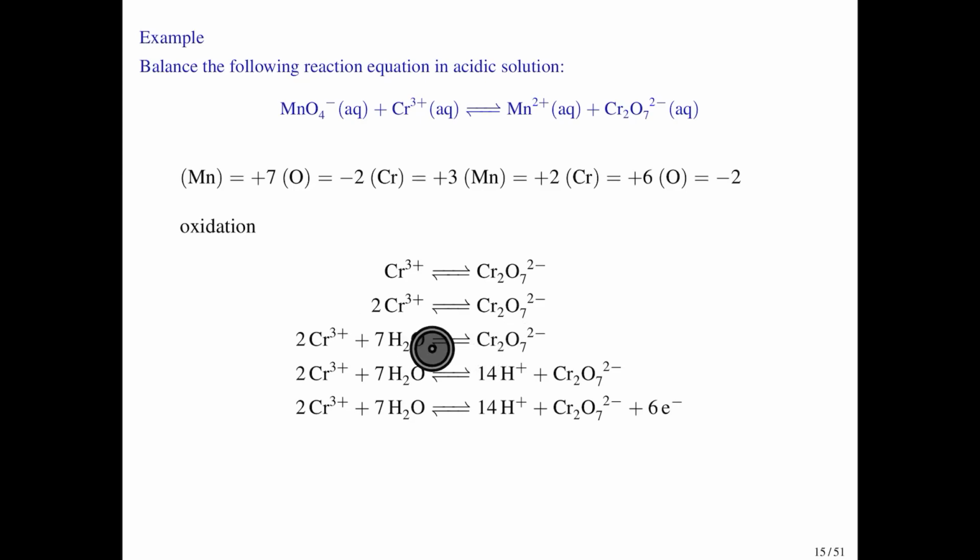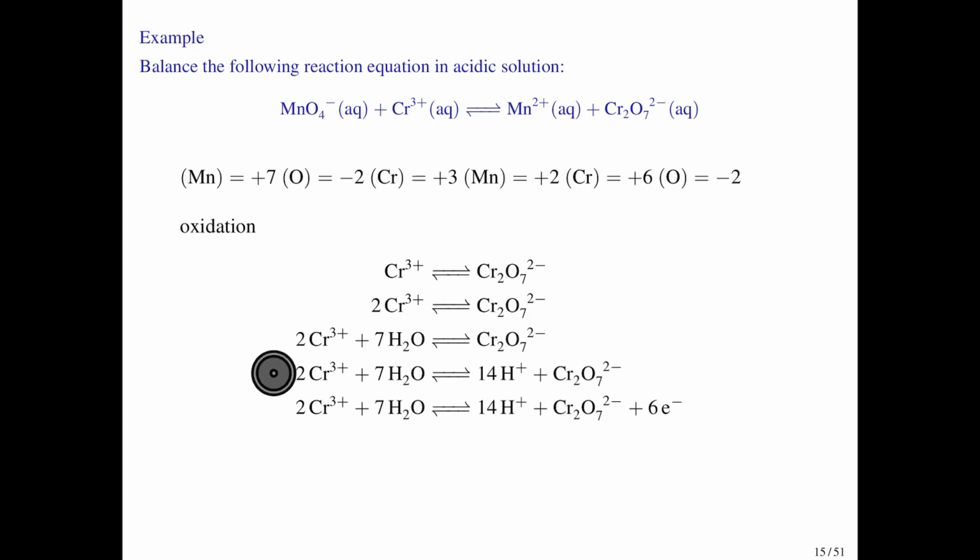Okay, so now the oxygens are also balanced. However, this introduced hydrogen on the left, and we don't have any on the right, so we need to add in hydrogens. We do that by adding acid. That's what makes this acidic conditions. So we've got a total of 14 hydrogens over here, so we're going to add 14 H+ to this side. So now all of the atom types are balanced.